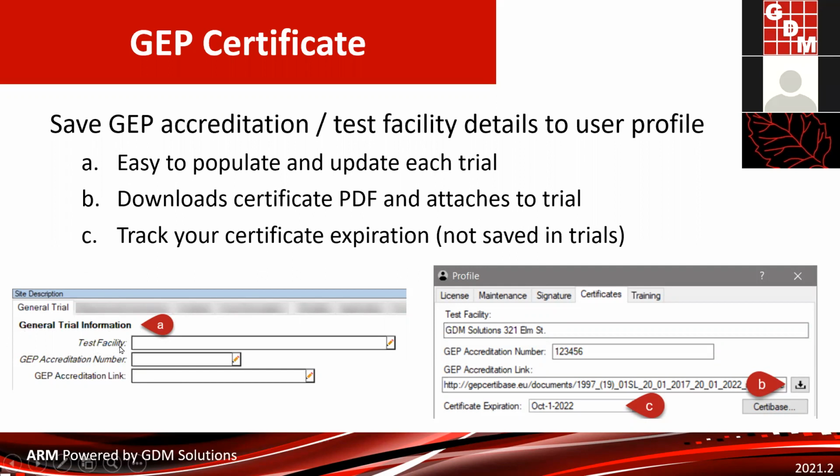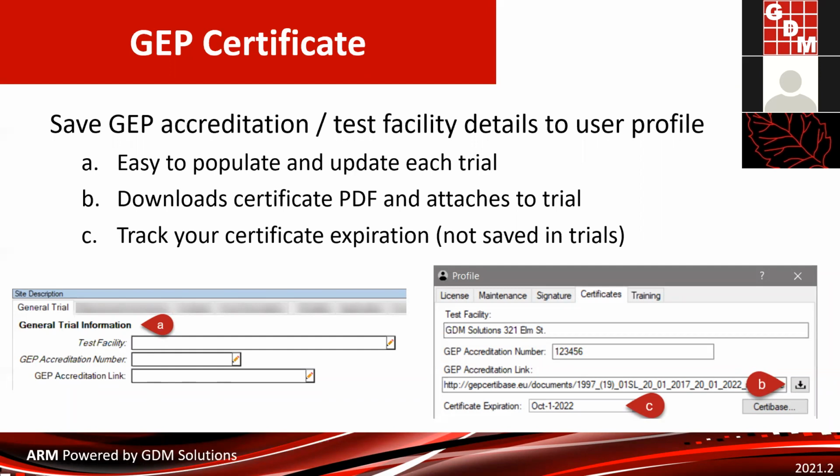There's an official name of your facility, an accreditation number that gets assigned, and an official document PDF that shows that accreditation for performing GEP studies at that location. These fields all need to be filled in to the trial, of course, to certify its participation and validity.